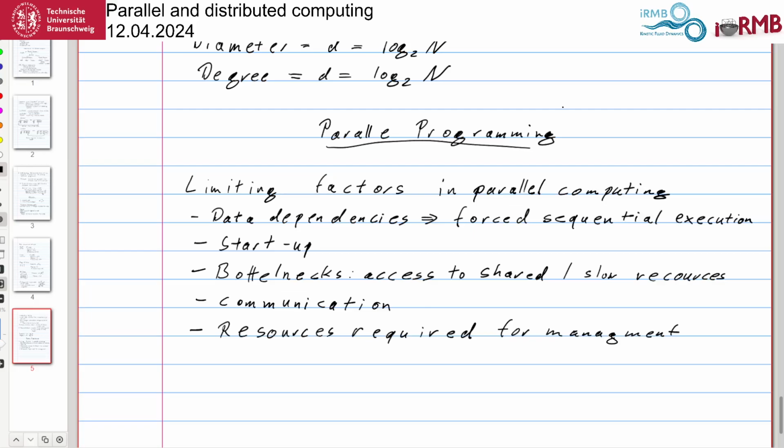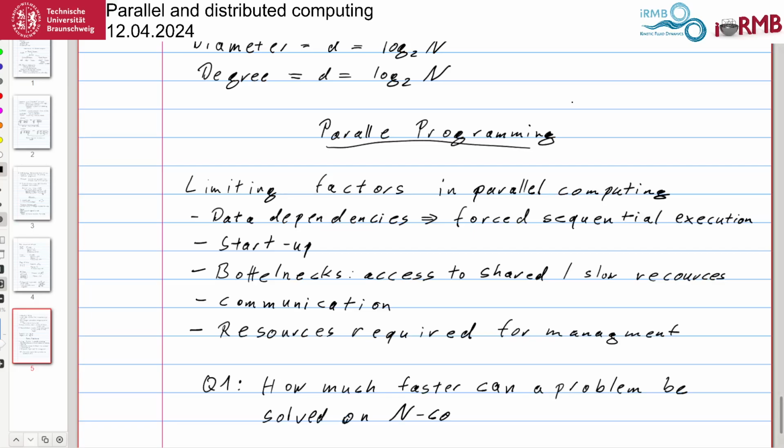Okay, now since we are running out of time, I just give you a teaser for the 2 questions that we are going to answer next time. The question 1 is, how much faster can a problem be solved on n cores compared to 1 core?